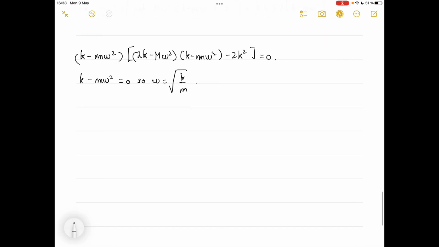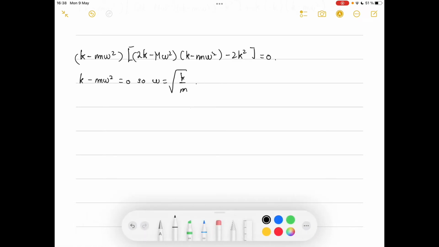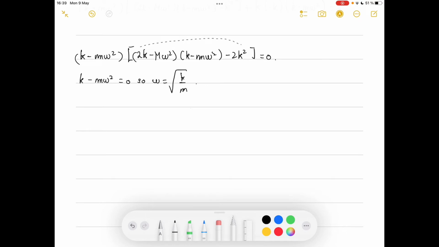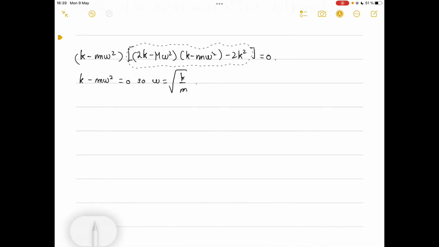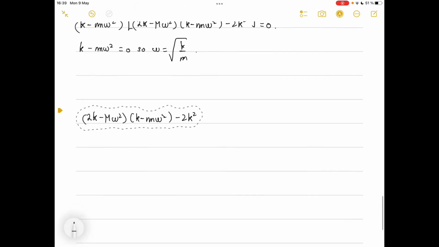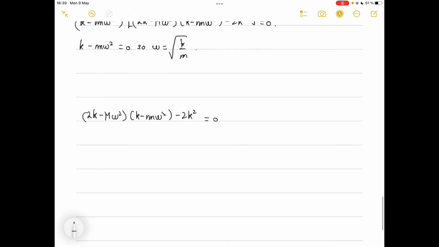Next, we have to solve the equation for this term and set it to 0. So when would that happen? So this term equals 0.